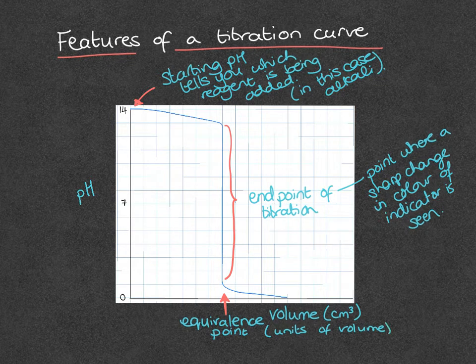So that's how much of, in this case, acid you have to add to do the neutralisation. So equivalence point and end point are not the same. The end point is a range, can be a narrow range depending on what you're doing, and it's a pH range. The equivalence point is a volume of a substance that needs to be added in order to do the neutralisation. And then you can see that we just get, again, a kind of gradual smallish change in pH as it tends towards 0 when we're ending up with the acid in excess.